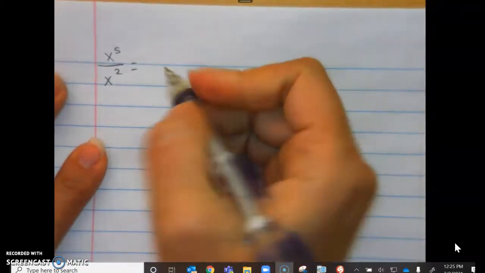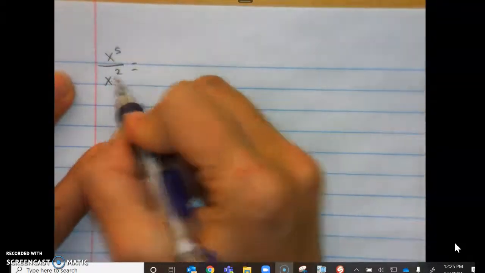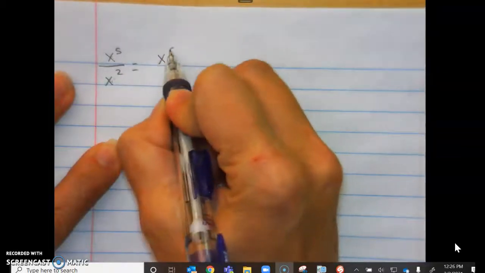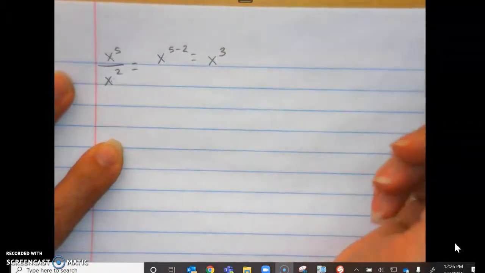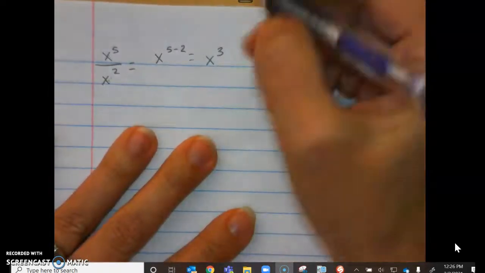If I wrote x to the 5 over x to the 2, this is kind of like the one we did before. It's just x's, but the bases have to be the same. So 5 minus 2, this is x to the 3rd. We can also do this with some coefficients.